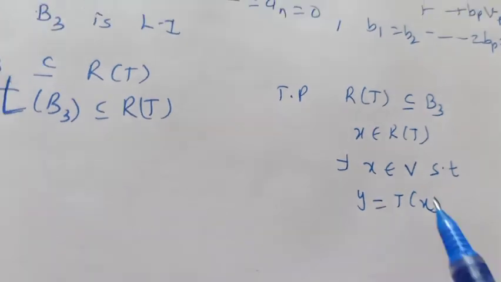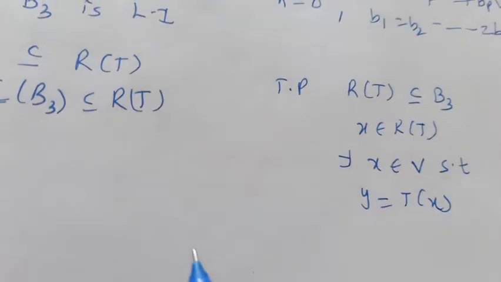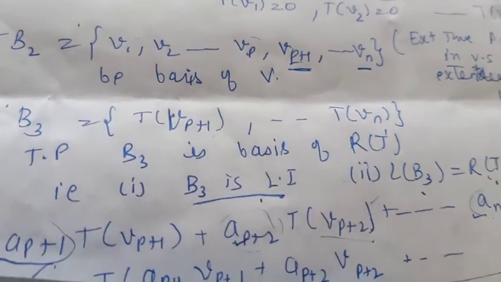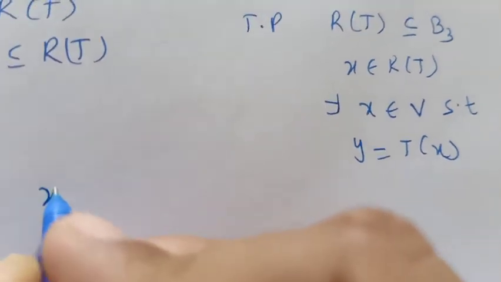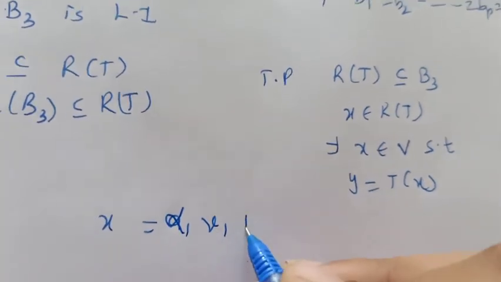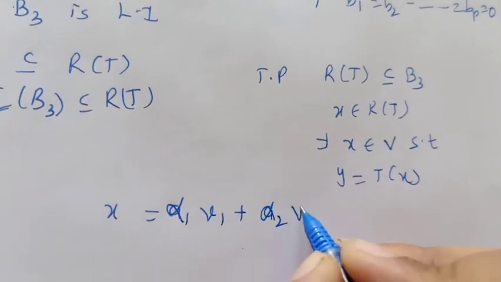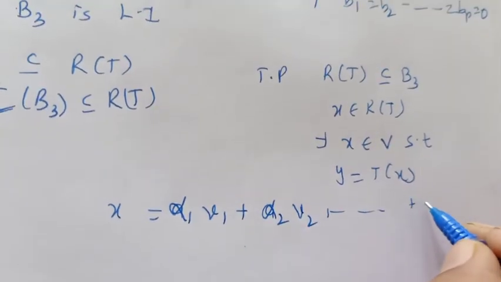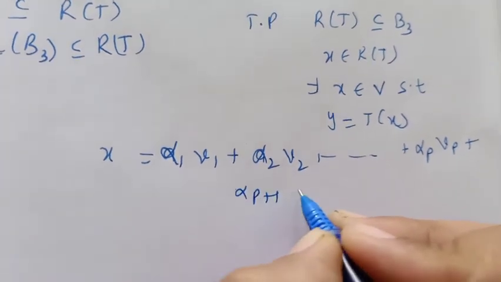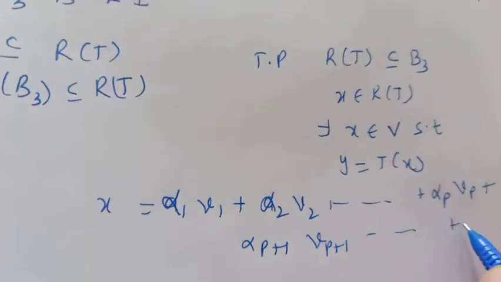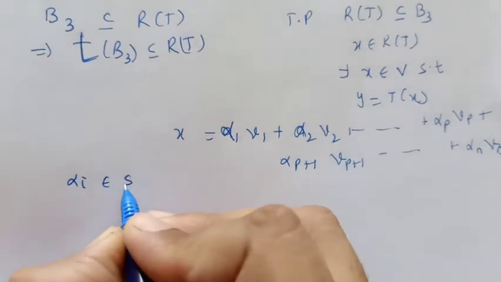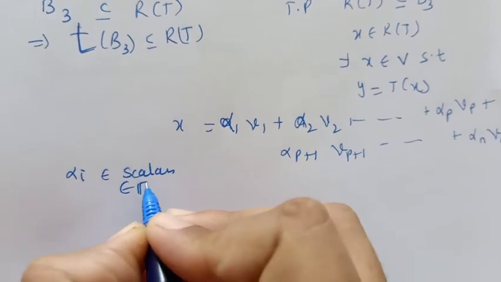Now since x is from V and we already have a basis of V, this B2, we can write x as a linear combination of these elements: alpha_1 v_1, A we have already used, so alpha_2 v_2 and so on up to alpha_p v_p + alpha_{p+1} v_{p+1} up to alpha_n v_n, where the alpha_i's are scalars belonging to the field.